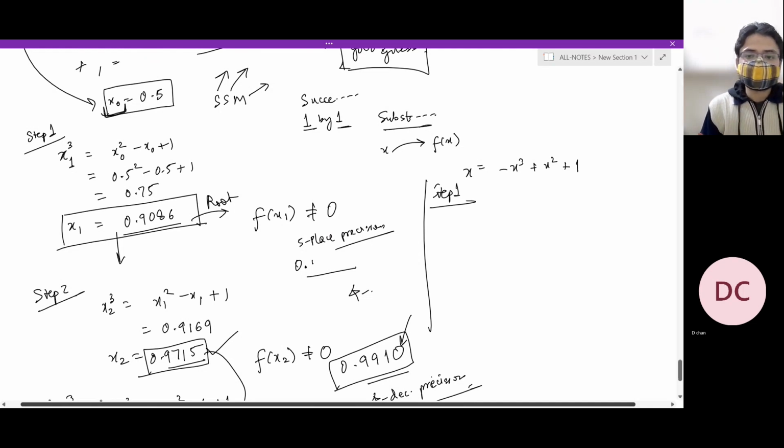But then again, you'll have to do the same thing. For example, if you take a guess, let's say x not equals 0.5, then x1 will be equal to minus 0.5 cubed, which gives you minus 0.125. Just correct me if I'm wrong, and then 0.25 plus 1 is 1.25, minus 0.125 becomes probably 1.125, right?